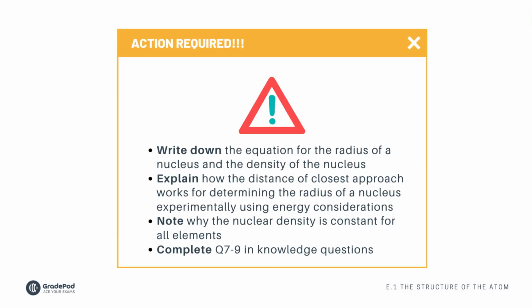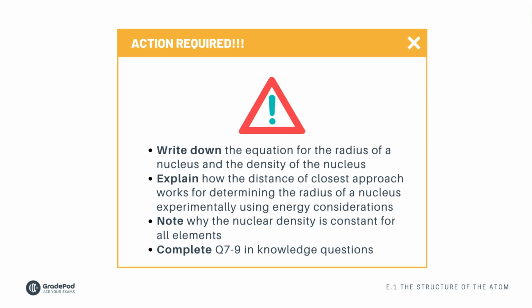In this first part of the higher level section of E1, we've looked at how to find the radius of a nucleus using the distance of closest approach, and that would be the experimental way to find the radius of a nucleus. But we've also discovered that scientists did this experiment loads and came up with a formula for the radius. So you need to know that formula.